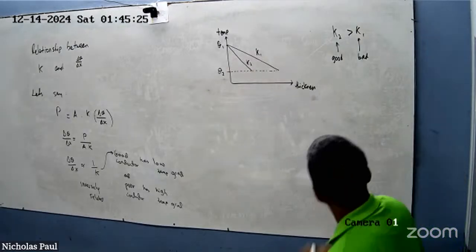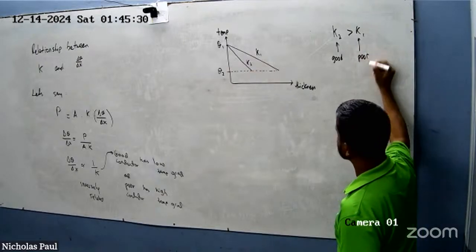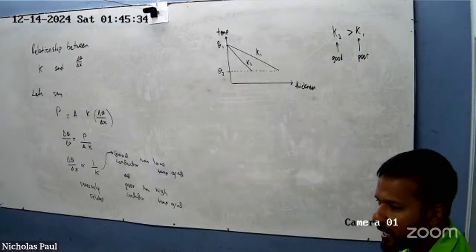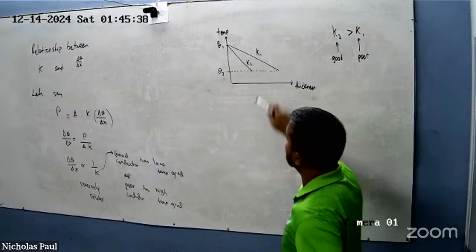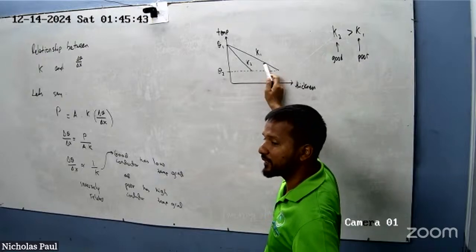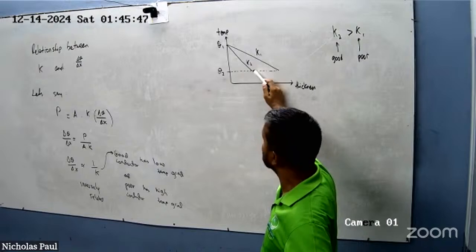So which gradient is larger, the line of theta 1 or theta 2? Which one has the bigger slope? If you had to slide down one of these lines, which one would you slide down fastest? Theta 2, this one.